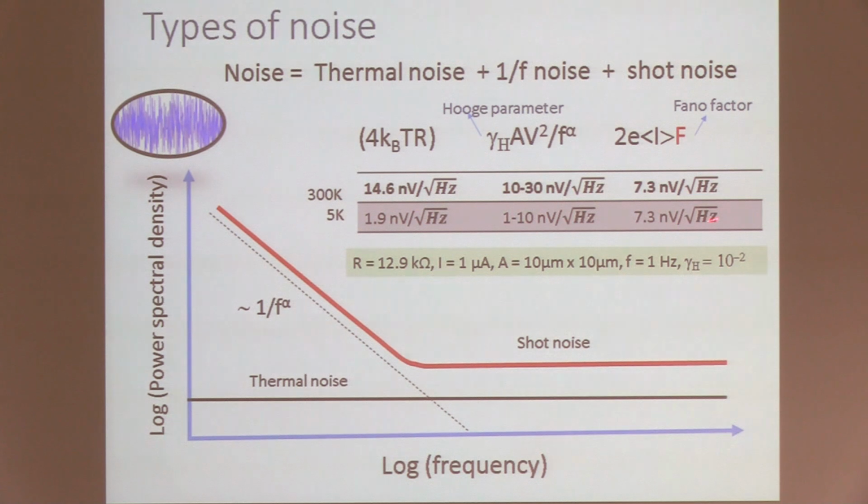At room temperature you will not be sensitive to the shot noise, so you have to go to low temperature to measure it. At 5 Kelvin, the thermal noise is 2 nanovolt and the shot noise is of the order of 7.3 nanovolt. So we do all our experiments at 5 Kelvin.